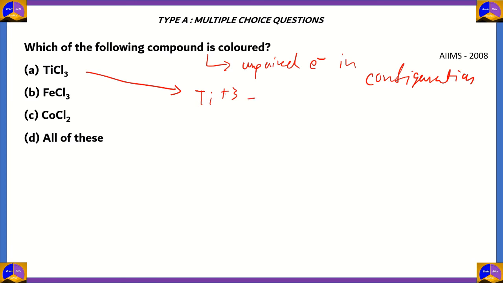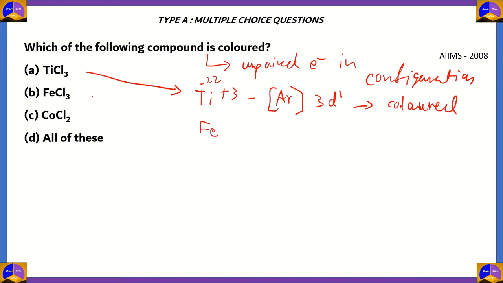For the +3 oxidation state, titanium has 19 electrons, so the configuration is argon and 3d1 for titanium 3+. This means that this compound must be colored. Well, that's good, but that doesn't mean we should finish off the answer right here. Let's find out the rest of them.